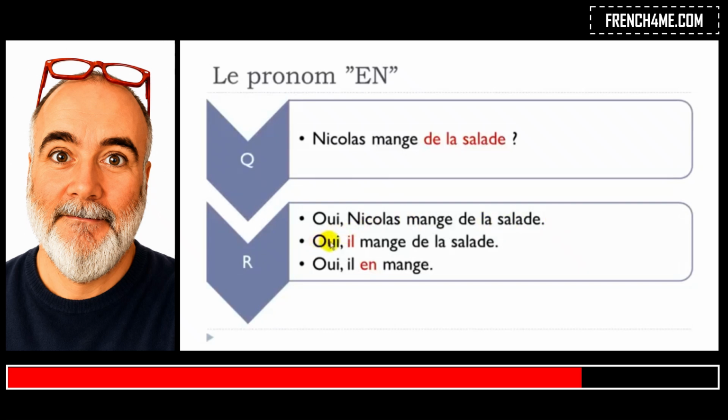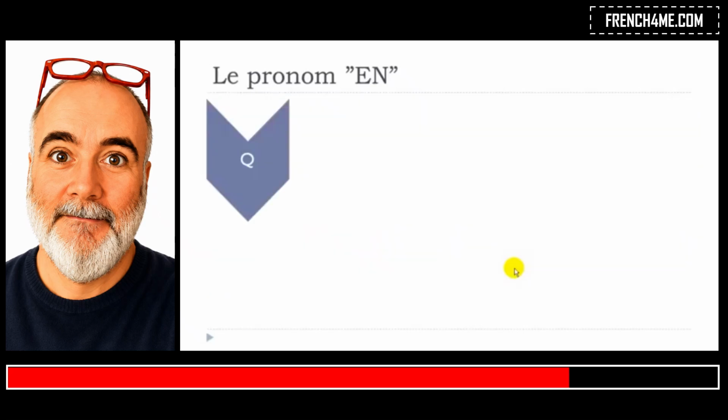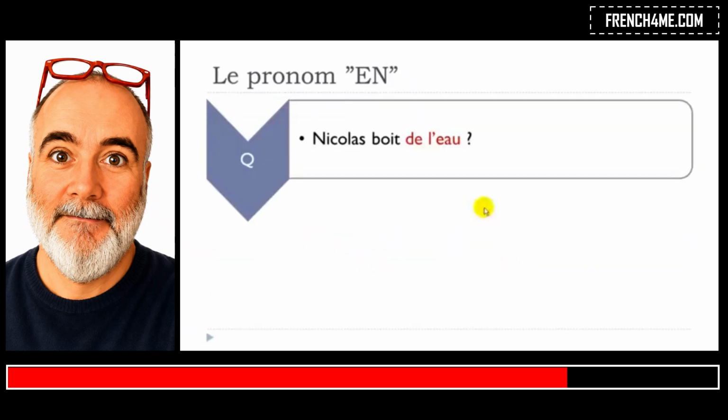Second option, you don't want to repeat Nicolas, oui, il mange de la salade. Okay, and the last option, you don't want to repeat either Nicolas nor de la salade, so you've got oui, il en mange.